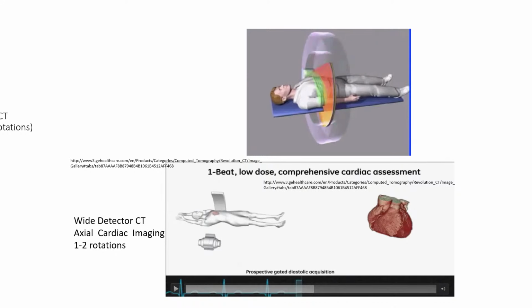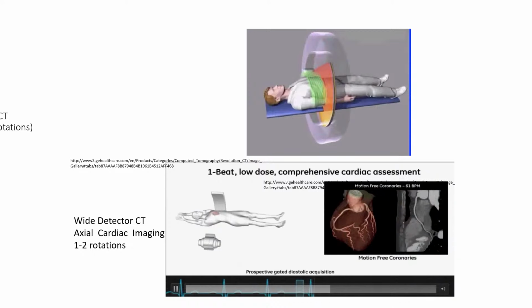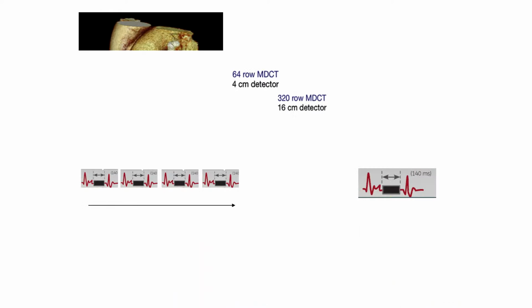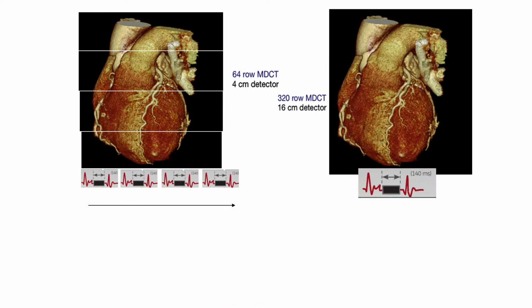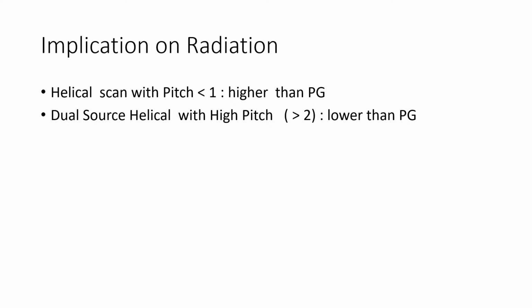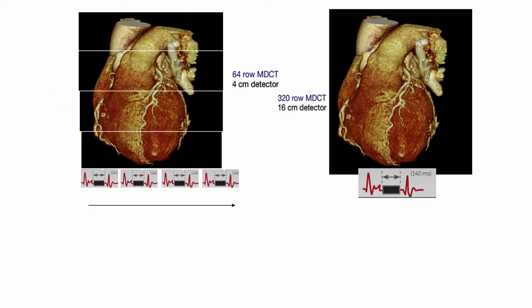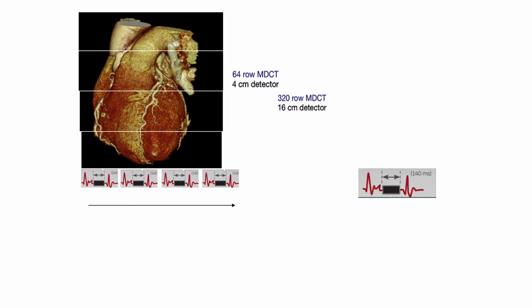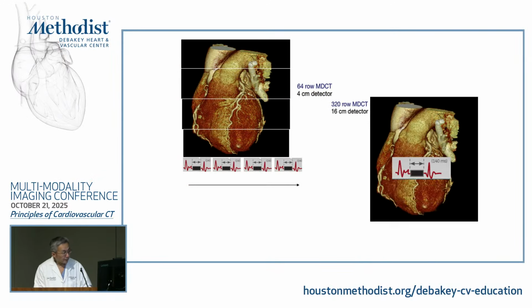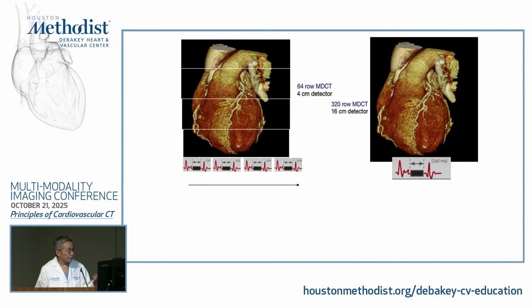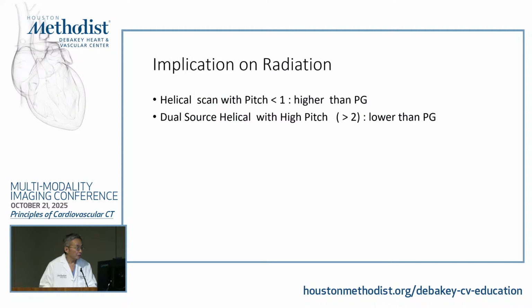But you can see here, one single rotation, patient doesn't have to move, and the whole part of the heart is imaged at the same time, so this is very good for perfusion analysis, okay? And this is the difference between 64 slice CT and 320 detector CT. There's no stitching artifact. Okay, and you can imagine it will be less radiation as well.